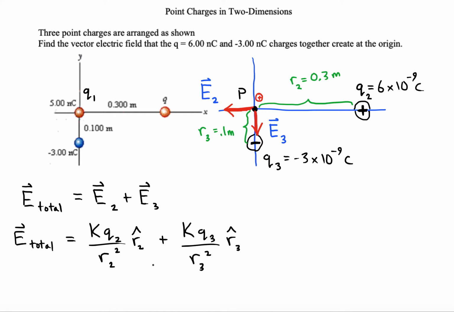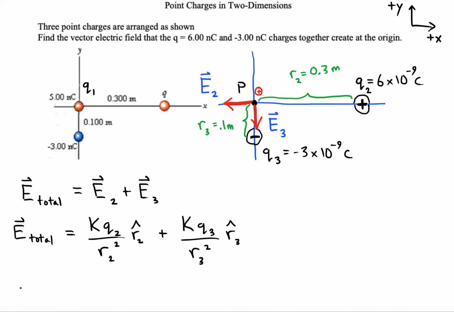Now, a lot of times when people are first starting out with this, they may not be too confident about how to deal with R hat. If that's the case, you can assign your own direction to it based on what you've drawn in your picture. Now, to the right is our positive x direction, and up is our positive y direction. So that means I already know that E3 is going to be in the negative j hat direction, and E2 is going to be in the negative i hat direction.